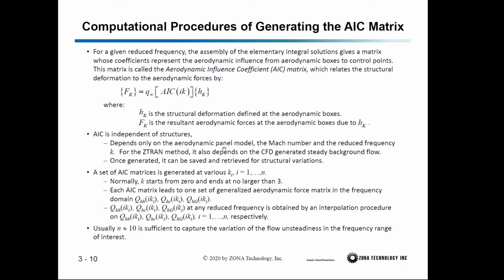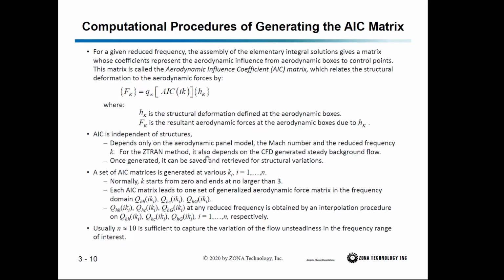So if we have a structural deformation defined in the K set and multiply it by the AIC, that gives us the aerodynamic forces in the K set. AIC is independent of structure and depends only on the aerodynamic panel model, the Mach number, and the reduced frequency.